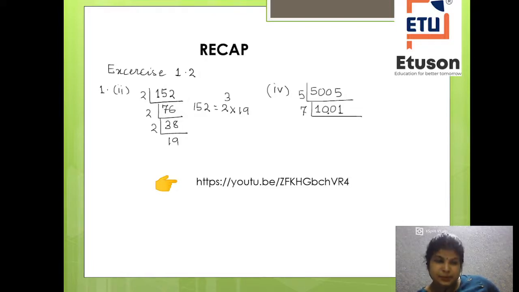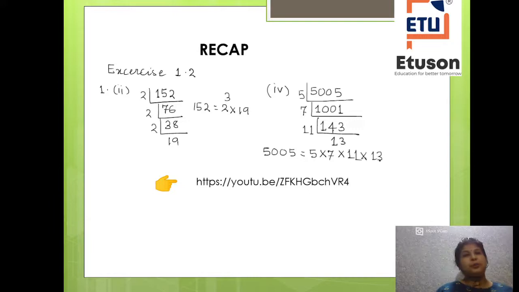The number is divisible by 7 and you are getting 143. Now 143 is divisible by 11 and you are getting 13. So you can write down that 5005 is equal to 5 into 7 into 11 into 13. So hope all of you have also got the same answer.